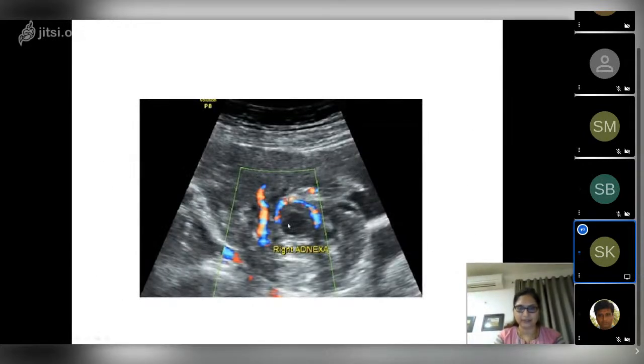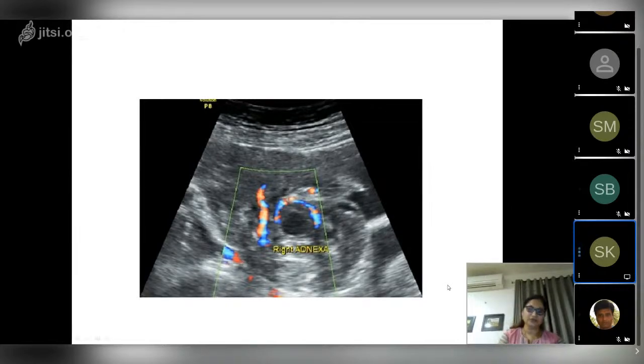Now here are some of the pictures where you will be able to identify the ring of fire sign. A student asks whether transabdominal ultrasonography is better than transvaginal.